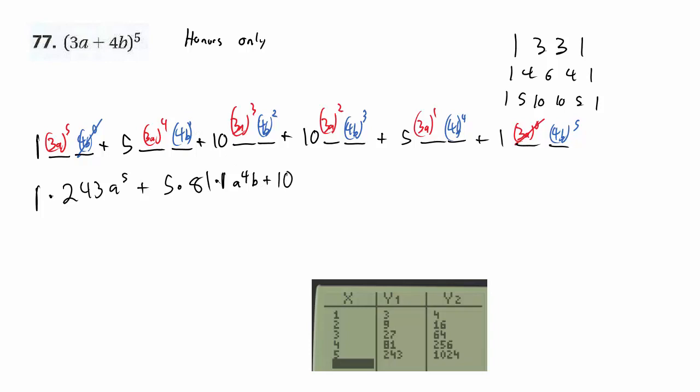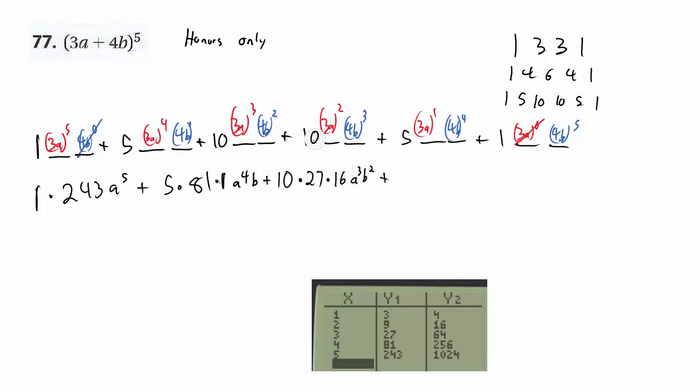Plus, and then we got 10, and now 3a to the third. So 3 to the third is 27. Oops, that's 10 times 27. And then 4 to the second, I know that one is 16. And then this one is going to be a to the third, b to the second. But no matter what, the powers always have to add up to 5: 4 plus 1 is 5, 3 plus 2 is 5.